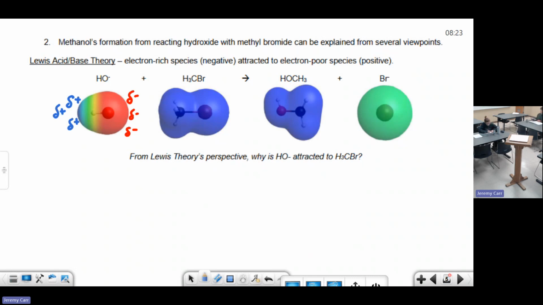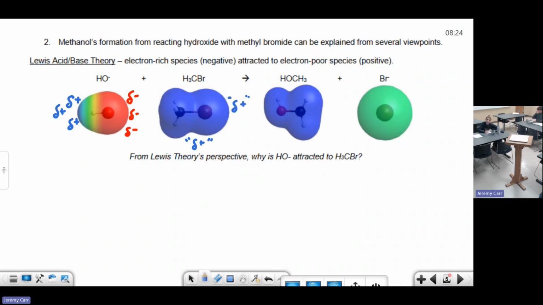So why is hydroxide interested in wanting to react with methyl bromide? Well, think about how it sees methyl bromide. As a whole, according to the electrostatic potential map, this whole thing is what? It's almost like a little bit electron deficient. This is the way that it sort of sees it in this case. So you can kind of think about this from being somewhat electron deficient, right?